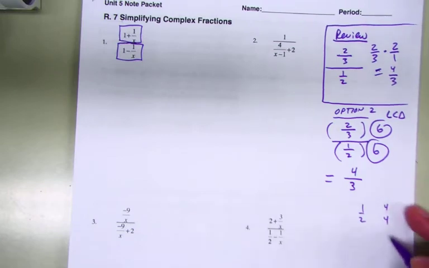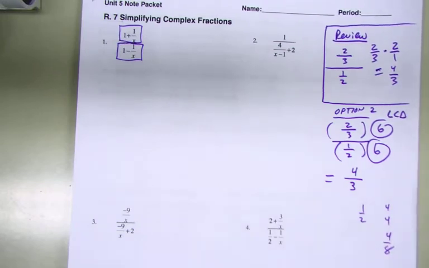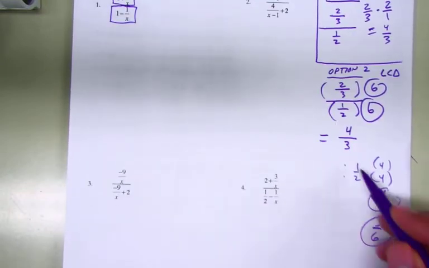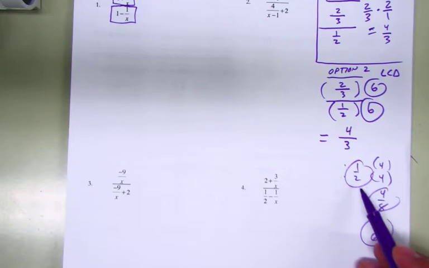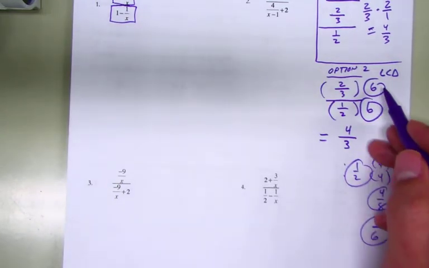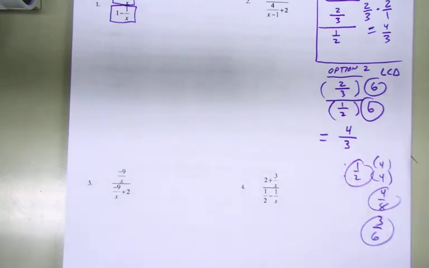If you multiply by 4 on top and bottom, that's where we get the 4/8 from. You see what I'm talking about? If the pizza's cut into 6 slices, we can multiply this by 3 to get 3/6. All of these fractions, even though they look different, are still essentially 1/2. Does that make sense? So what we're doing here, multiplying by the LCD, does not change the fraction at all. It just makes it look a little different.